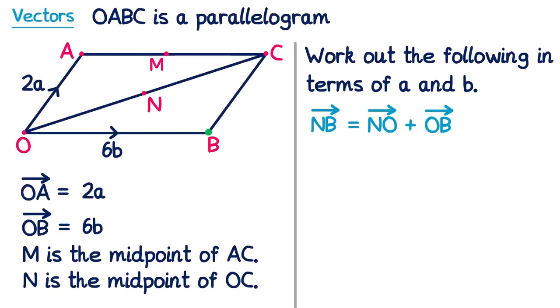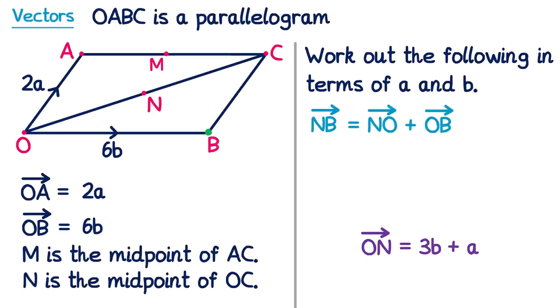Now the vector from N to O we don't know, but we do know the vector from O to N, we worked it out in the previous part. So the vector from N to O must be the same as this one, just with opposite signs.